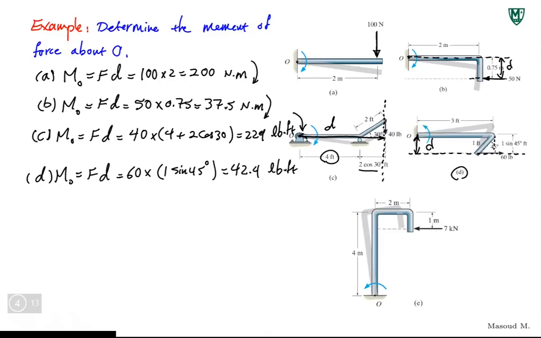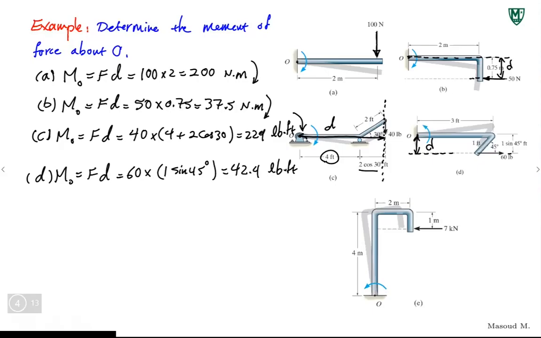Now to find the direction, let me make it a little less crowded here. It's messy. Okay, this is better.